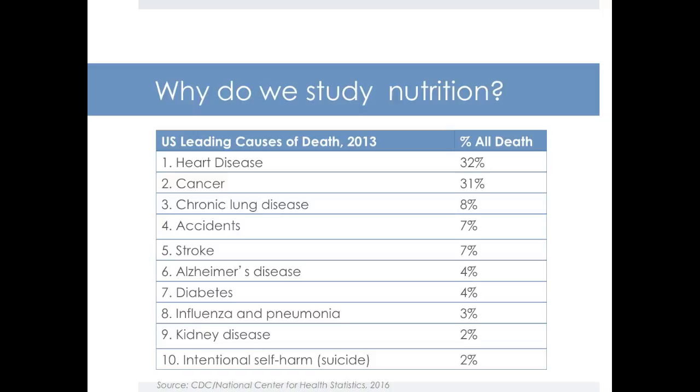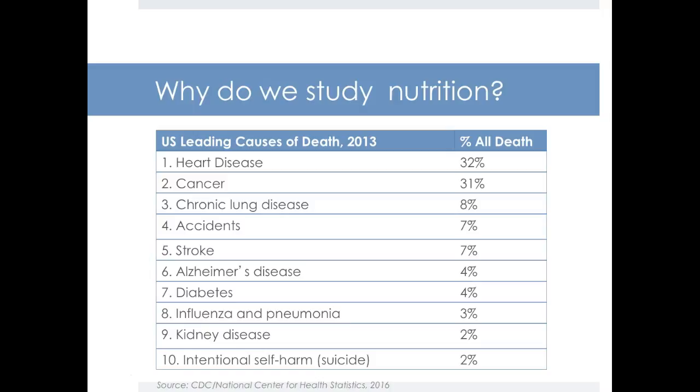And those are heart disease, which is the number one killer, cancer, because as we'll learn, there are certain types of cancer for which there are dietary implications, diabetes, if we skip down, and also stroke. So heart disease, cancer, stroke, and diabetes. Those four top 10 killers of Americans are tied to dietary decisions.